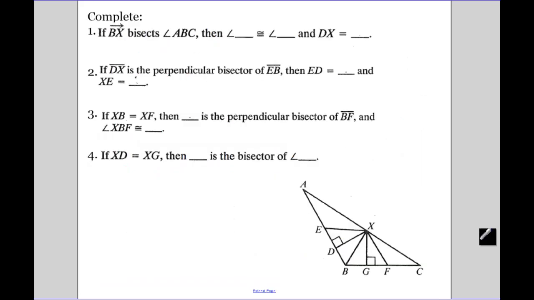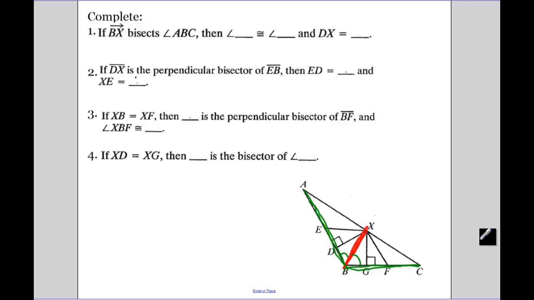Okay, now dealing with our angle bisector. If BX bisects angle ABC, so BX is the angle bisector of angle ABC. So notice how I'm highlighting things. Don't be scared to highlight your angles. So then what two angles are equal?